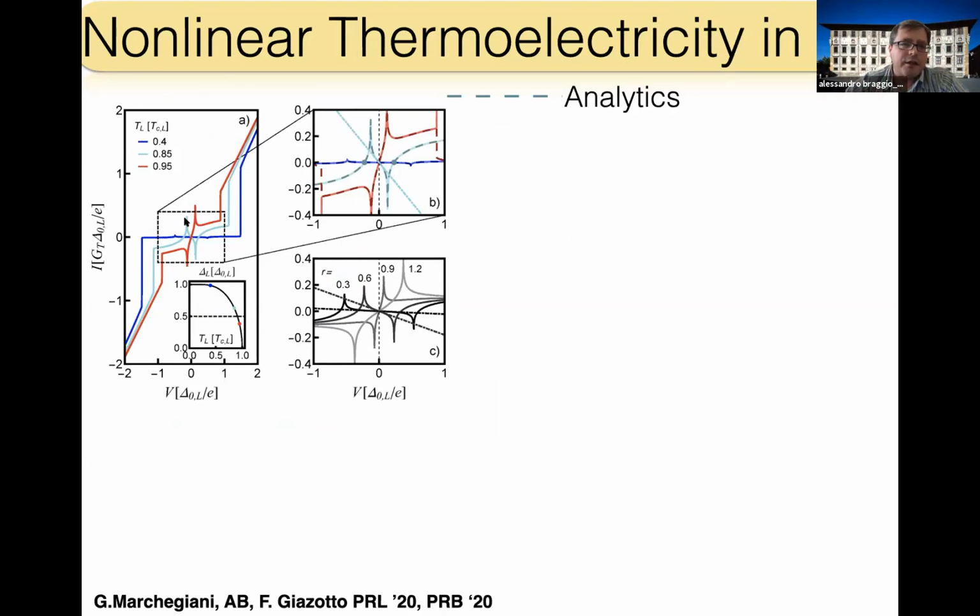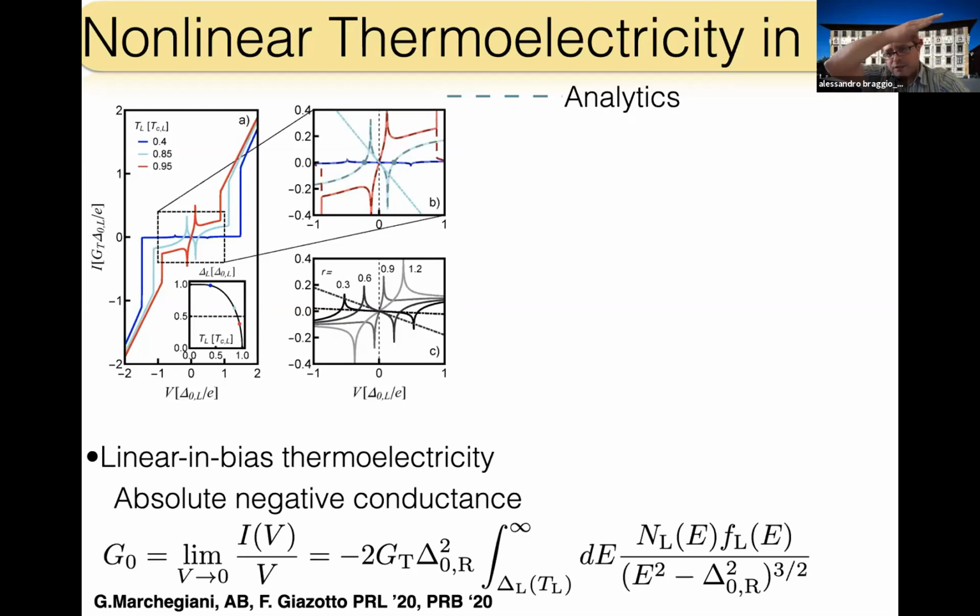It is the blue line. And you see that the analytics that I showed you before, the formula, wonderfully fits the results that you get numerically, from the numerical evaluation of the formula. With this analytics, you can even calculate the slope of your linear thermoelectricity. And you predict that you have absolute negative conductance, which is really a signature of thermoelectricity.